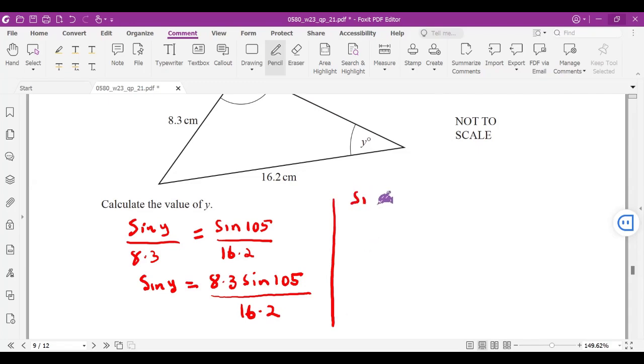So here, sine y equals, if you use your calculator to divide this, 0.49488. That means the value of y will be the arc sine of 0.49488.